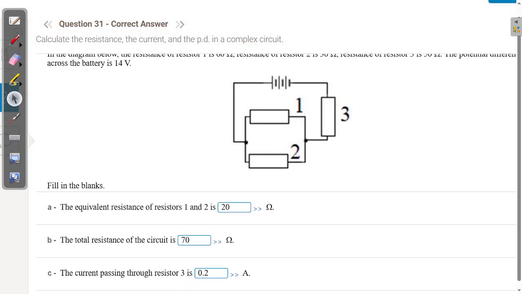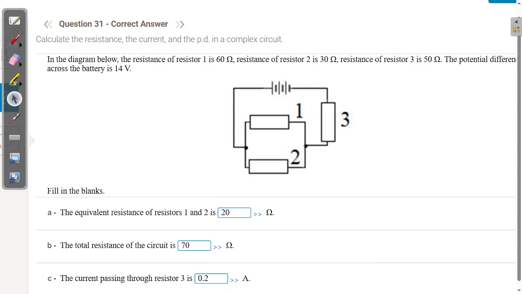The current passing through resistor 3 is what? Since 3 is in series, like the other question, we find the total current, which is equal to this current. So V total is total current times R equivalent.